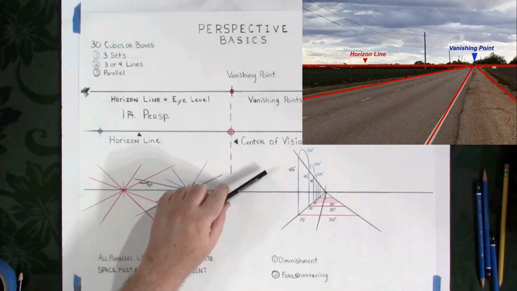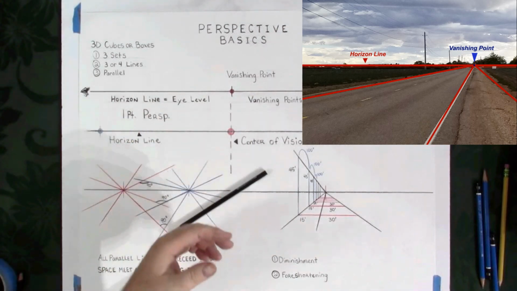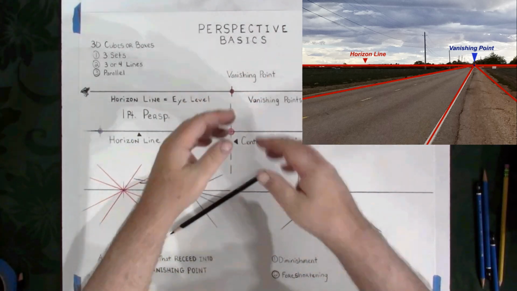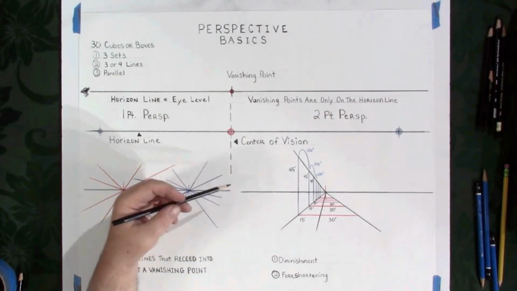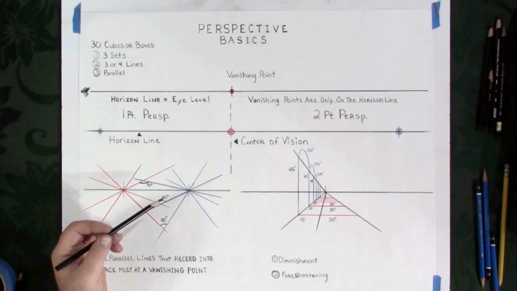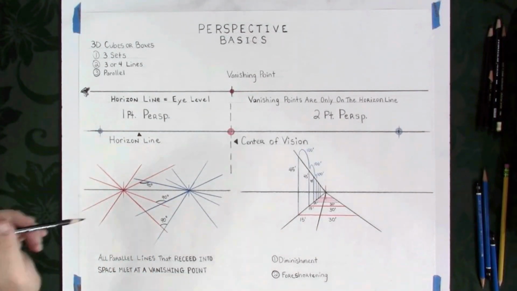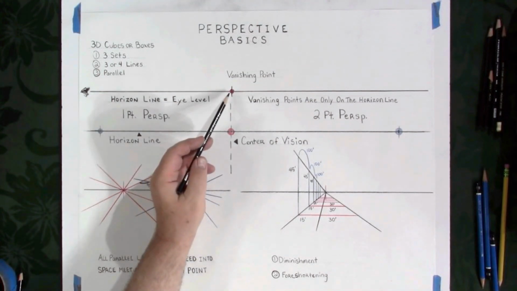Same thing would happen if you were able to see a long set of train tracks. These parallel lines would appear to vanish far off into the distance. So with the horizon line, lines that are going away from us will go deep into space, and they meet at what we call a vanishing point.